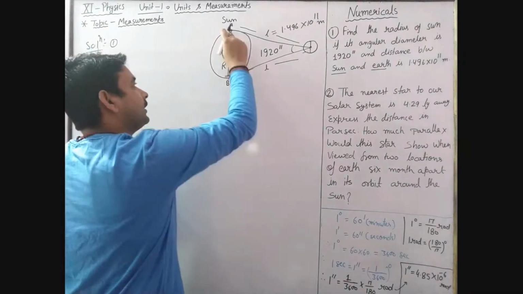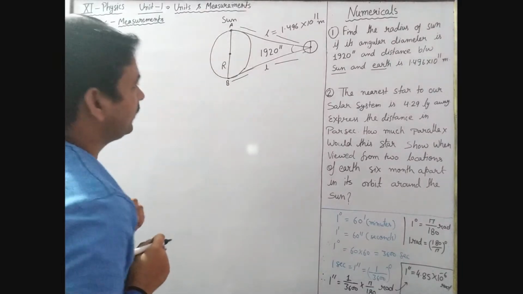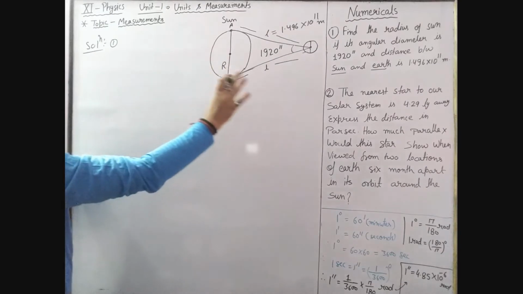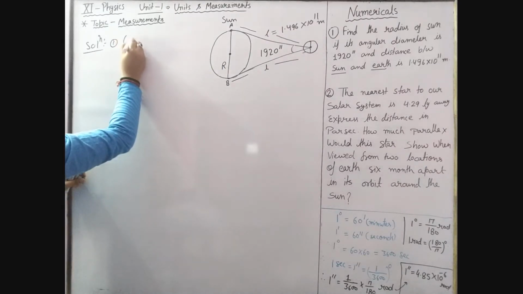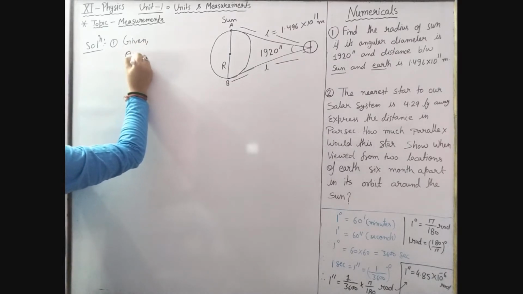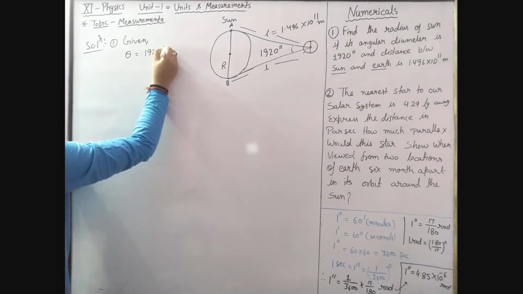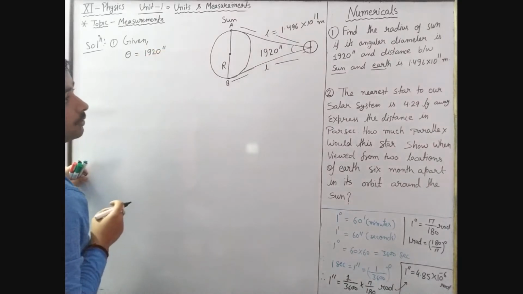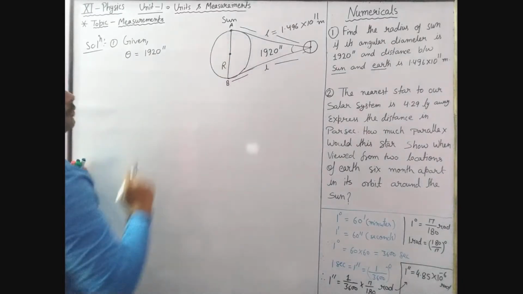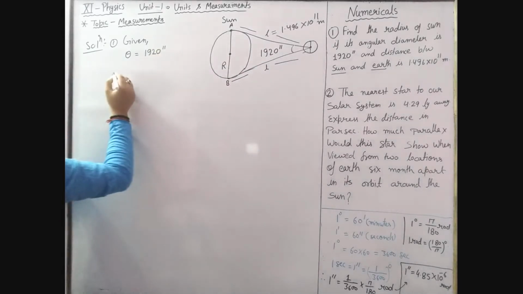Now we need to calculate the radius of the sun. For calculating the radius of the sun according to the parallax method, first let's write what we have. We have given here the angular diameter of sun on earth when viewed from two positions is this many seconds.